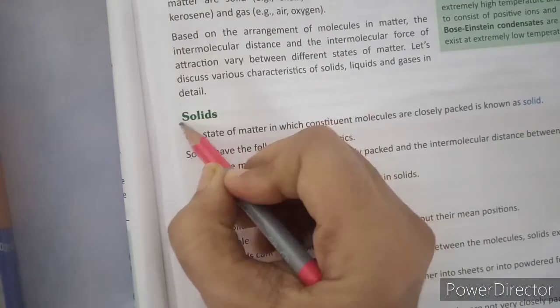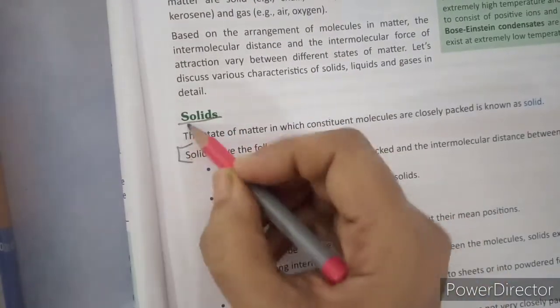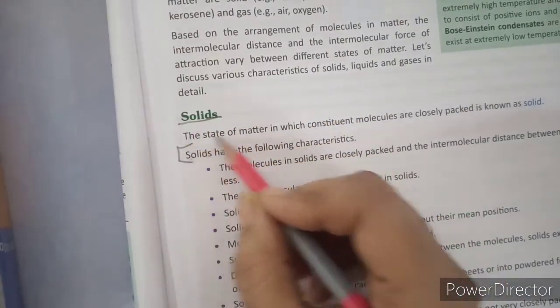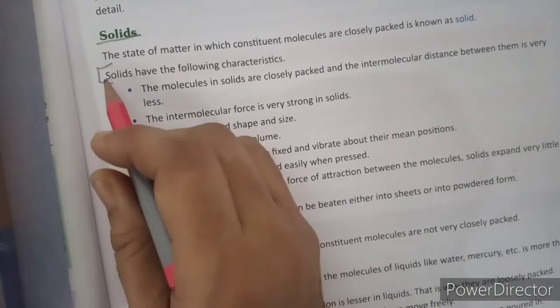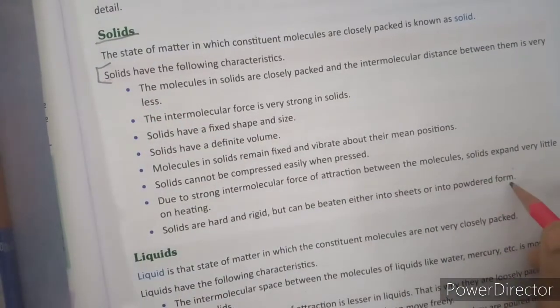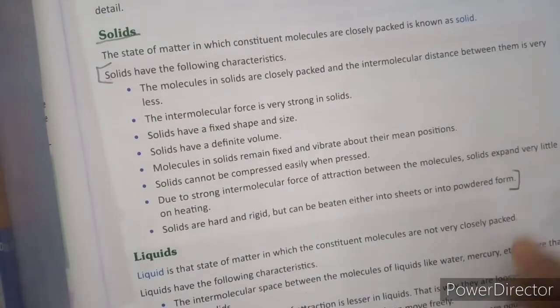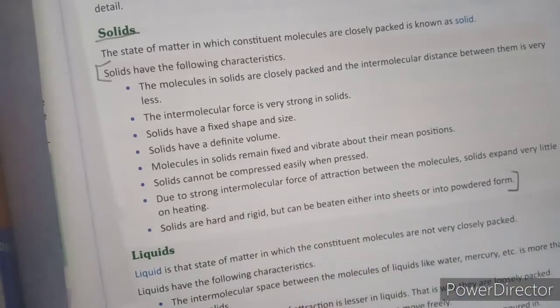Here you can see solid, and here you can see this is full, you can write this also. So this is all yours from here to the last point here.